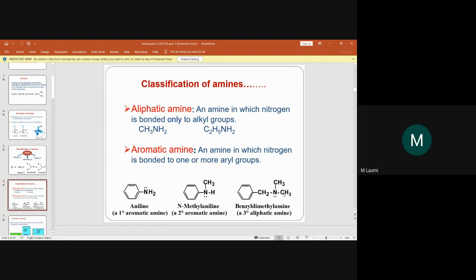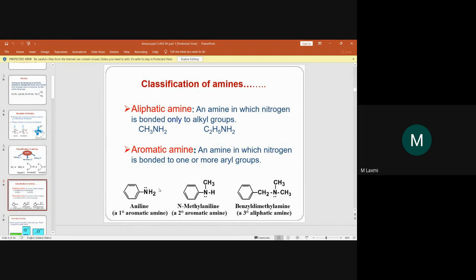Then the third classification is based on the type of R groups. Say, for example, if my secondary amine possesses two R groups, the example is shown in the picture. Here both R groups are the same. Say, for example, I can have NH with a methyl group on one side and a methyl group on the other side.